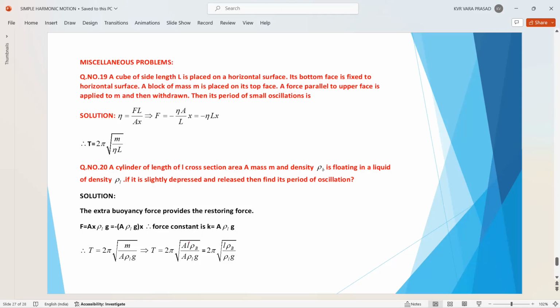See the diagram for this. Yeah, let us make the diagram here. This is a cubical block.